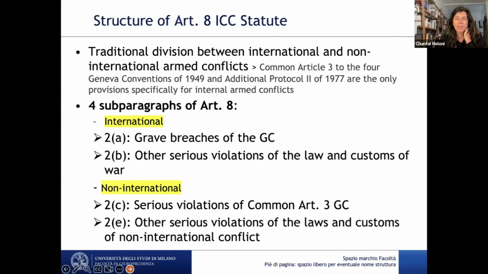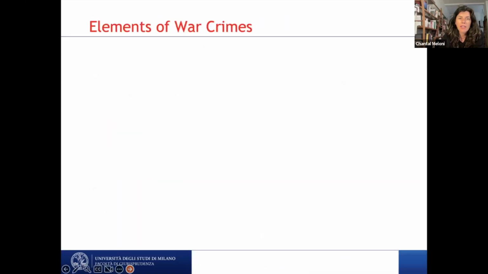The structure was adopted in 1998, 25 years ago, by the statute drafters, and still has this distinction: on the one hand, the grave breaches of the Geneva Conventions for international armed conflicts and other serious violations of the laws and customs of war, also for international armed conflicts; and on the other hand, the serious violations of Common Article 3 to the Geneva Conventions, which is, as I said, the only provision in the Geneva Conventions regulating non-international armed conflicts, and other serious violations of the laws and customs of war for non-international armed conflicts again. So this is the structure of it.